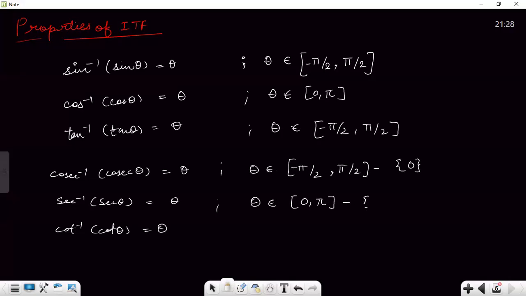The midpoint, that is pi by 2. For cot, theta lies from 0 to pi, where 0 and pi are not included, so open brackets. These are some properties. Is there any confusion in understanding them?